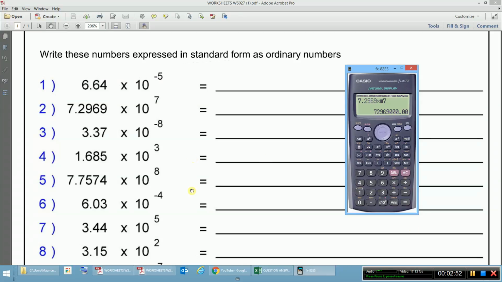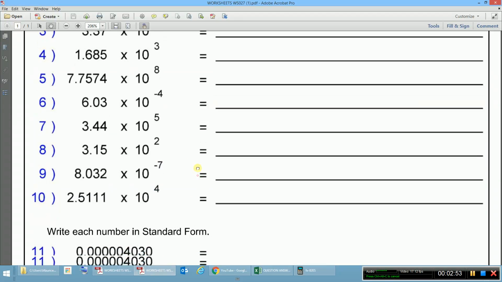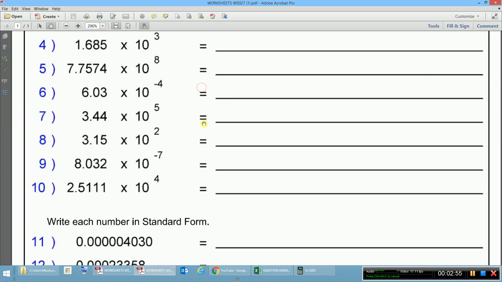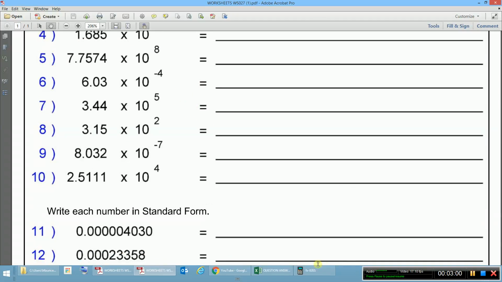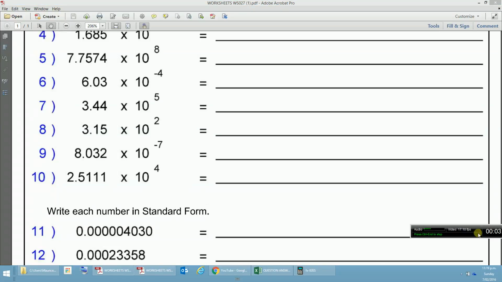So let's scroll down here and find a slightly tricky one. Let's have a look at number 9. But first we must get our calculator back. So let's do number 9 there.